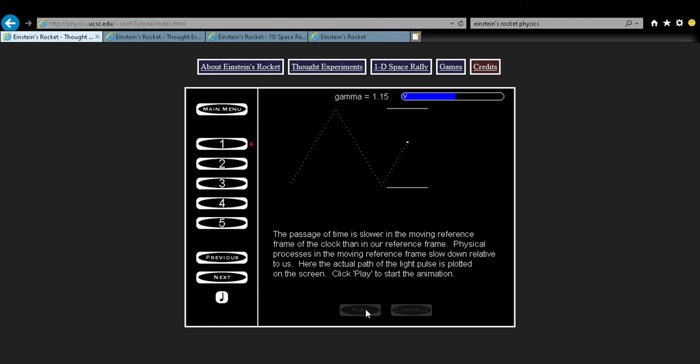You can see here the actual path is now longer, and with light moving the same speed, it's going to take longer to cover that distance from our apparent point of view.